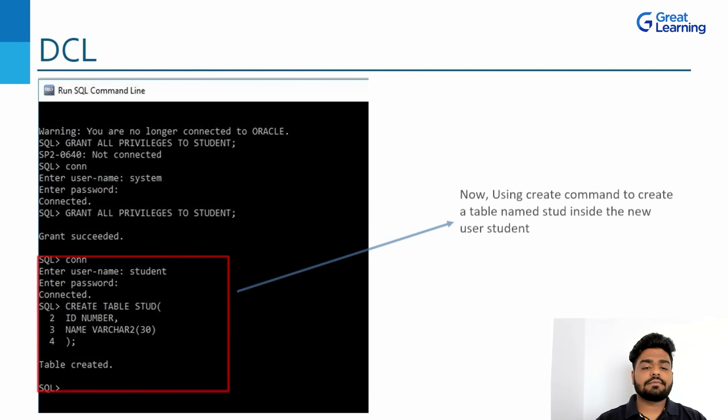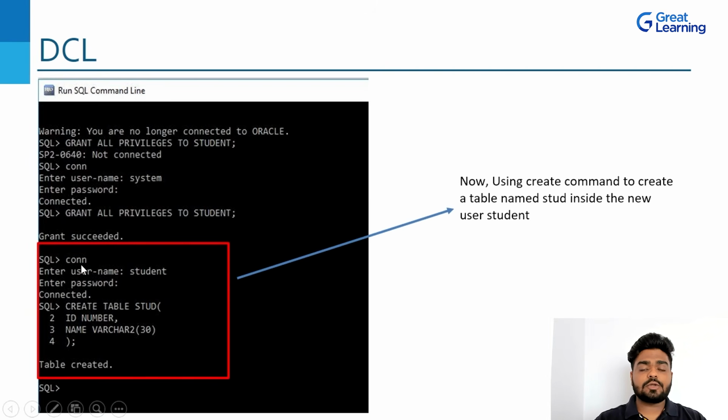Now you can see what we have done. We are trying to access the student user connection. It's connected and we are creating a table stud with two columns, ID and name, ID being a number and name being a varchar. That means if I go back to my Oracle database, the port number 8080, and log into the student database, I will be able to find this stud table.